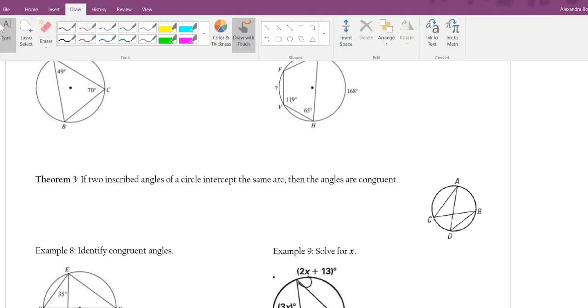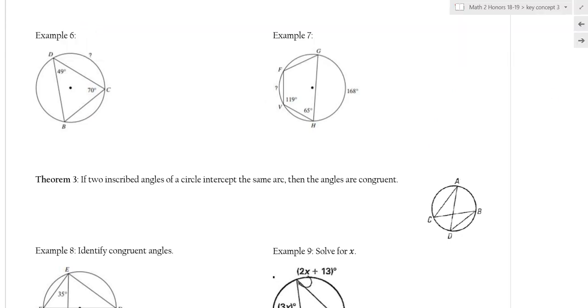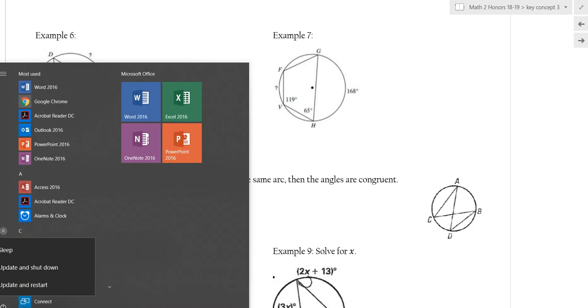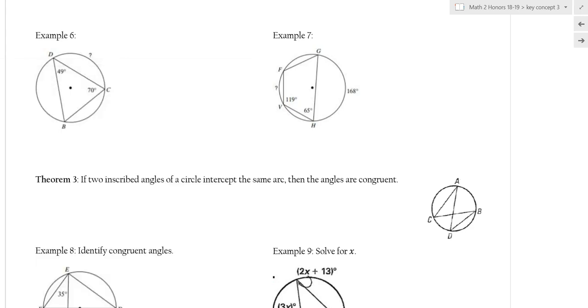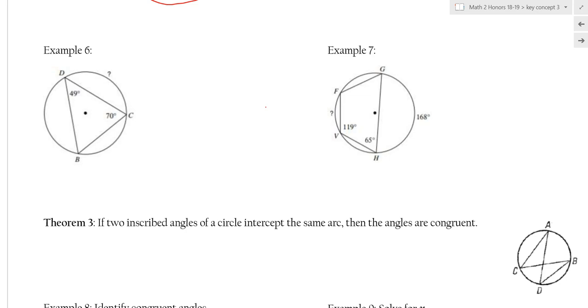All right, example 6. We are finding this arc here. It's a little confusing because we have lots of things. So I want to find what angle goes with this arc. I look at my starting points and I look at these lines. Okay, so that's my angle, but I don't know that angle either.